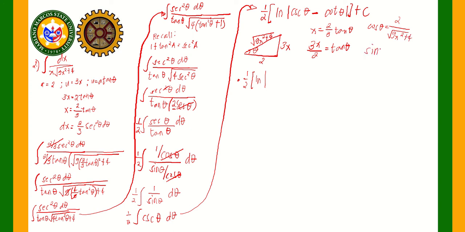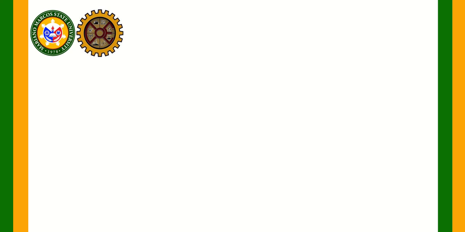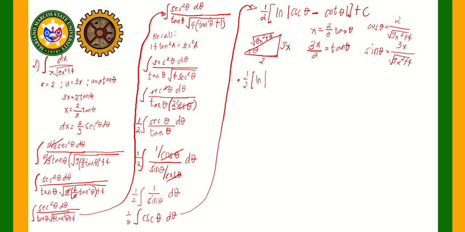And then si sine theta naman natin will be opposite over hypotenuse, that is 3x over square root of 9x squared plus 4. Okay? So, from there, pwede nating i-write si cosecant theta as 1 over sine theta. Okay? So, this will be equal to 1 over, what is sine theta? That is 3x over square root of 9x squared plus 4.